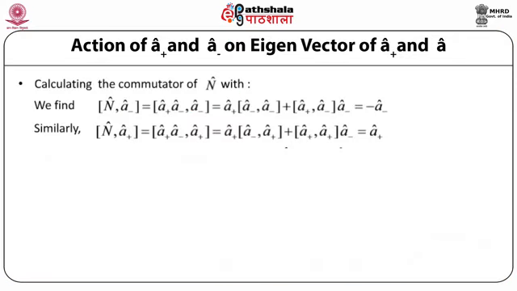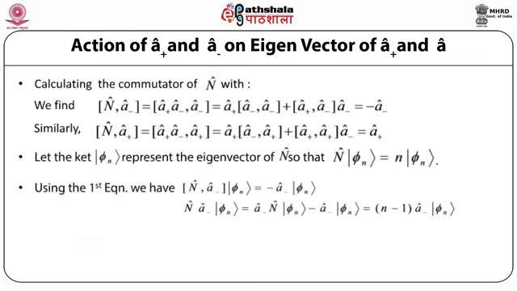Action of the raising and lowering operators A+ and A- on the eigenvector of the number operator N. Now, calculating the commutator of the number operator N with the raising operator A+ and the lowering operator A-, we find that the commutator of the number operator with the lowering operator A- is equal to the commutator of A+A- with A-, since the number operator is given as the product of the raising operator times the lowering operator.